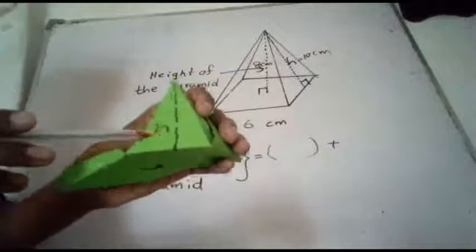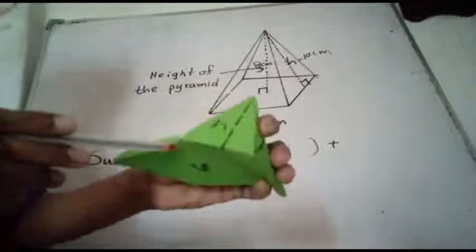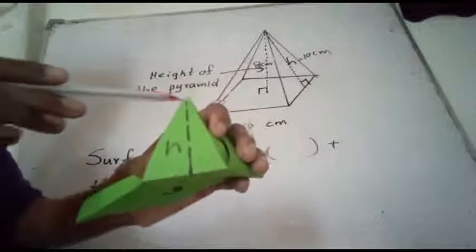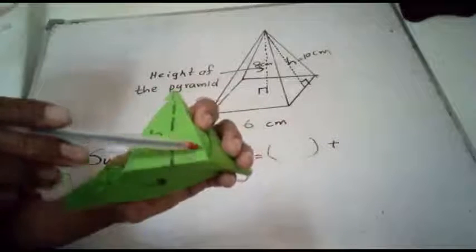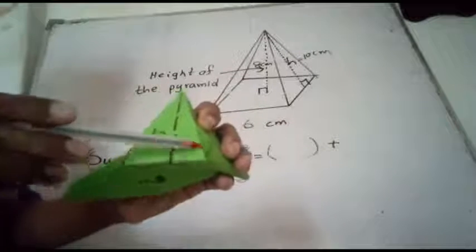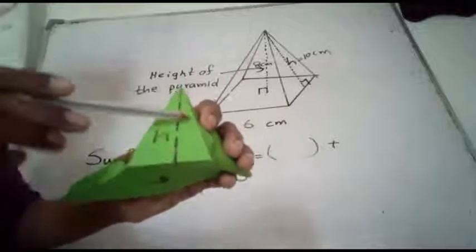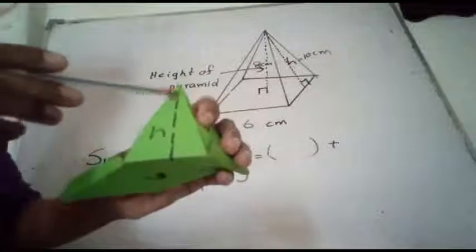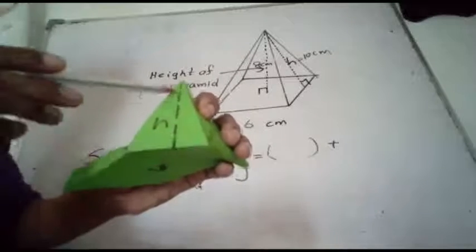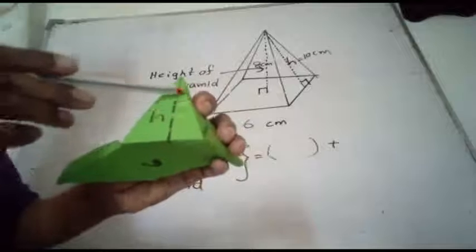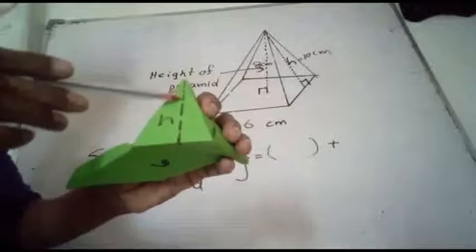We can find the side length by applying the Pythagoras relation to this right angle triangle. This is the hypotenuse of this right angle triangle.